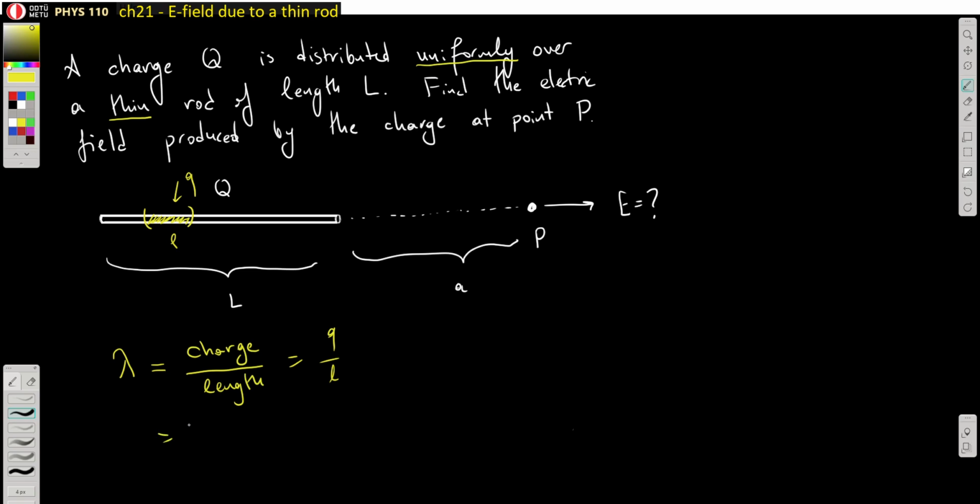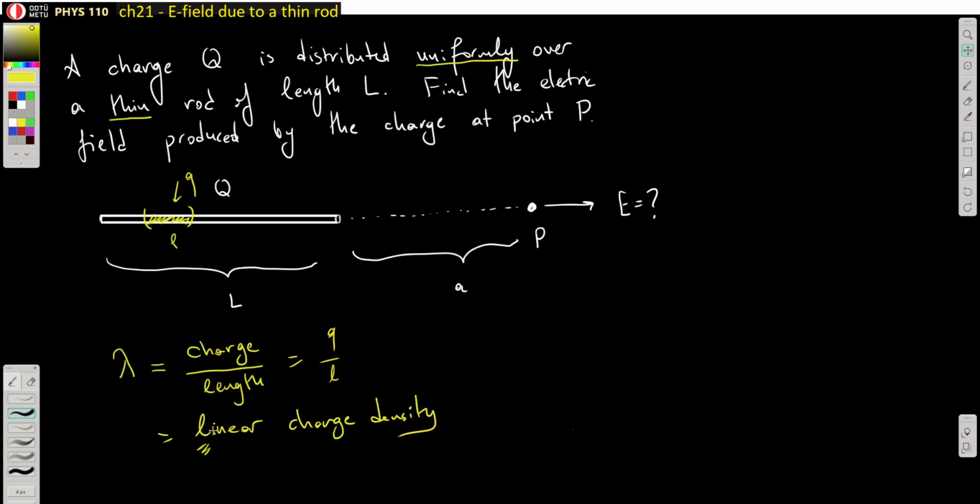So let me first write this down. This is called the linear charge density. Linear means that it depends on just one of the length dimensions of the object. Later we are going to define the areal charge density and the volume charge density, but this is the linear one. Why do we use the symbol lambda?